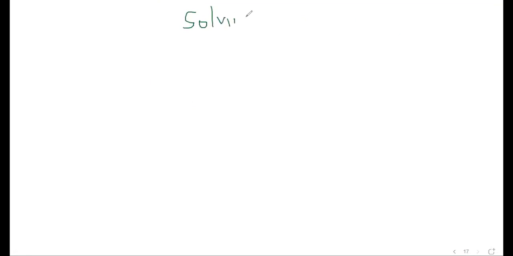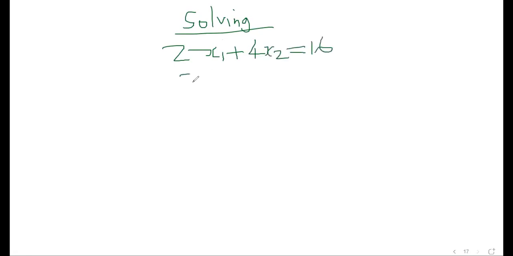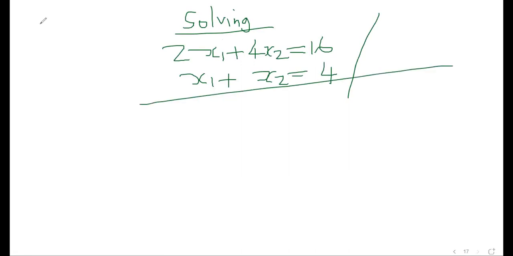So solving now. The one is 2x1 plus 4x2 is equal to 16. Then x1 plus x2 equals 8. So we can eliminate x1.